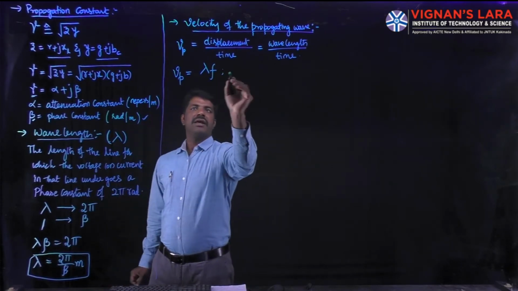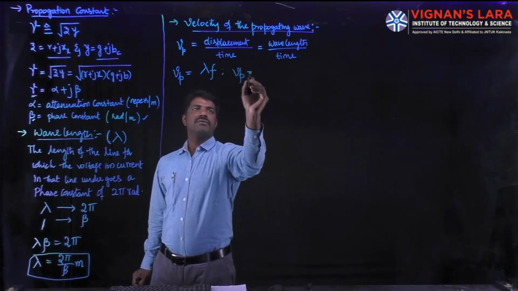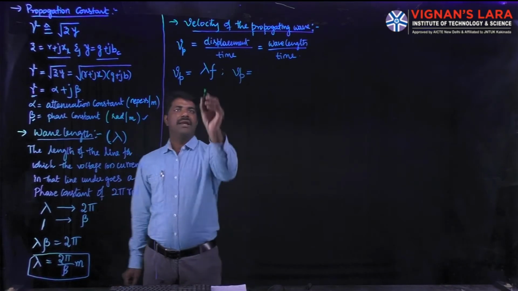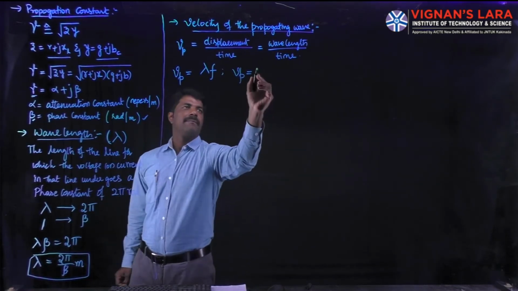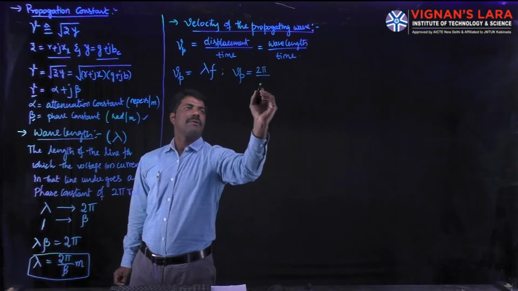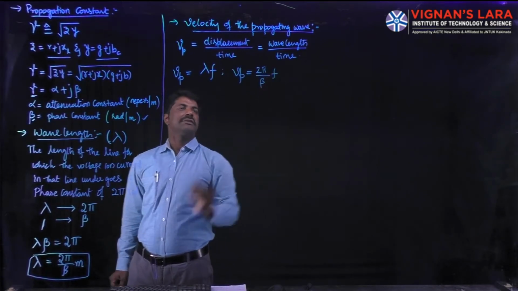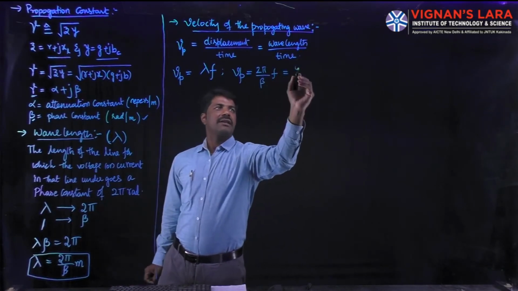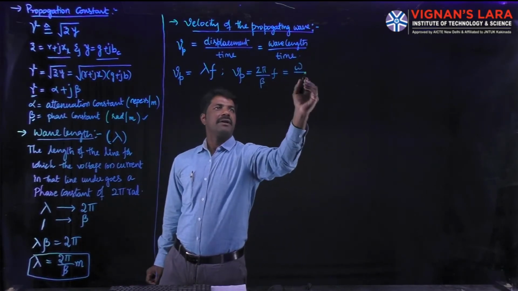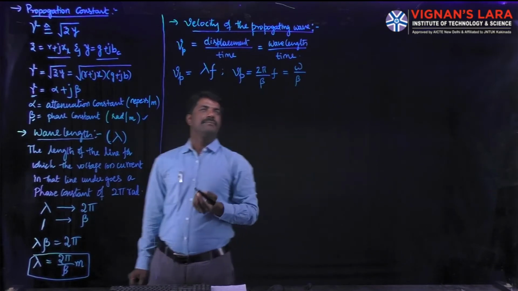Then the velocity of the propagating wave is given by lambda times f. Previously we defined this lambda to be 2 pi by beta. Then I'll write this as 2 pi by beta into frequency. Then we can write this as 2 pi f, which is angular velocity omega, divided by beta.